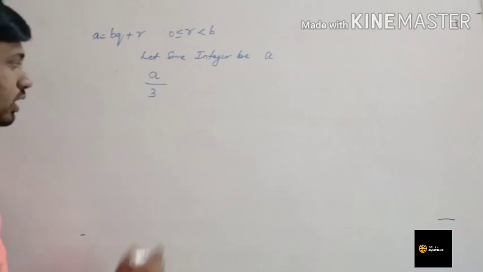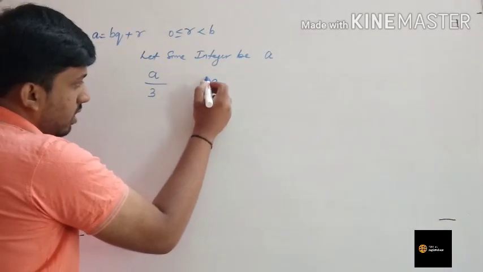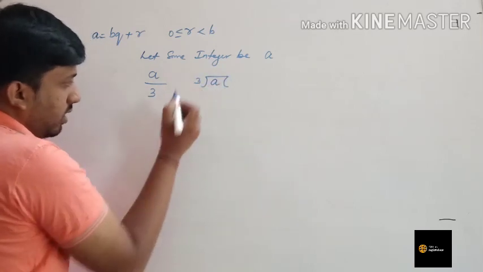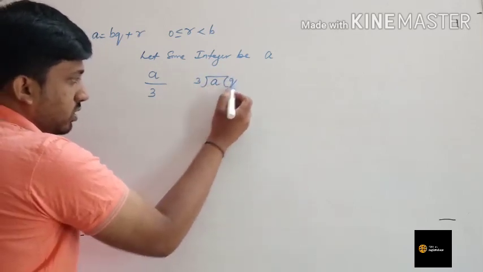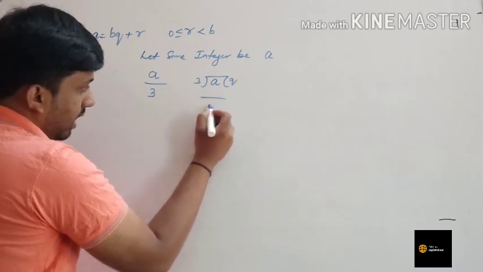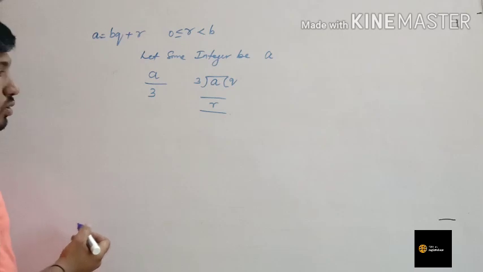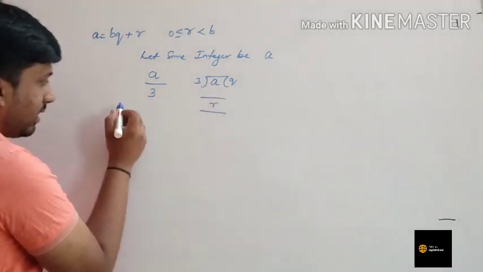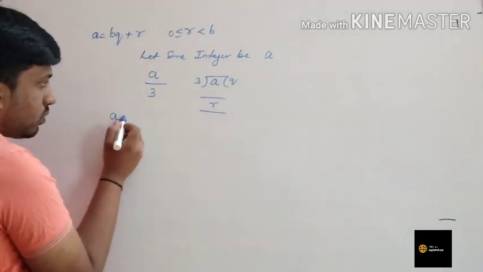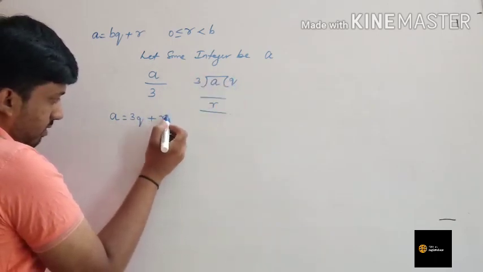What's going to happen if I take the actual division method? So a divided by 3, this is the quotient and some integer we will be getting here, and here it is the remainder, right? Can you take it like this? a is equal to 3 into q plus r.